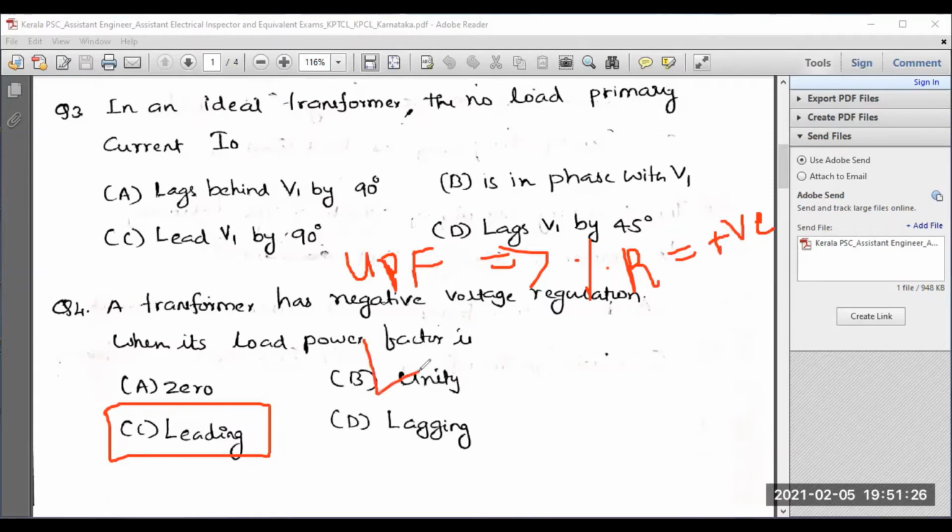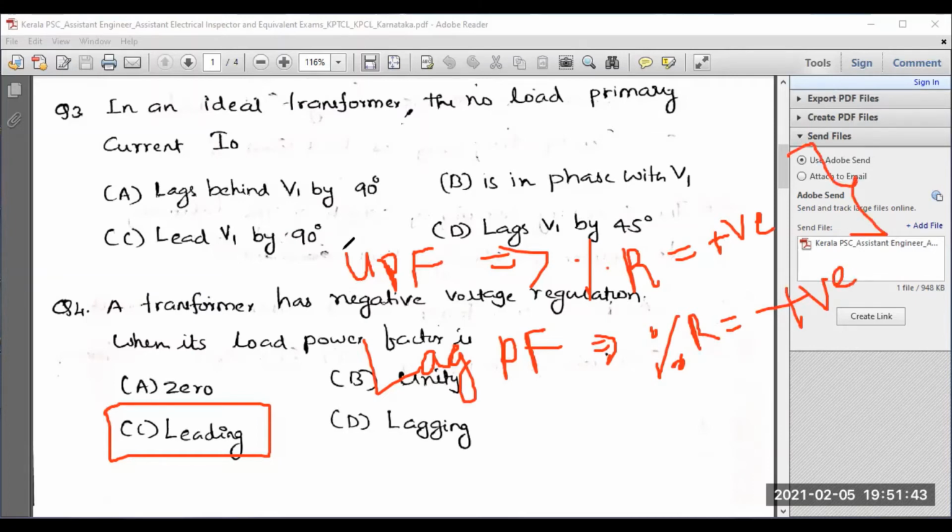Similarly, regarding lagging power factor, regulation will be positive. Regarding lagging power factor as well, the percentage voltage regulation will also be positive. So please note this point. It can be asked in the examination because candidates will get confused. Okay, for a better explanation, you can draw the phasor diagram.